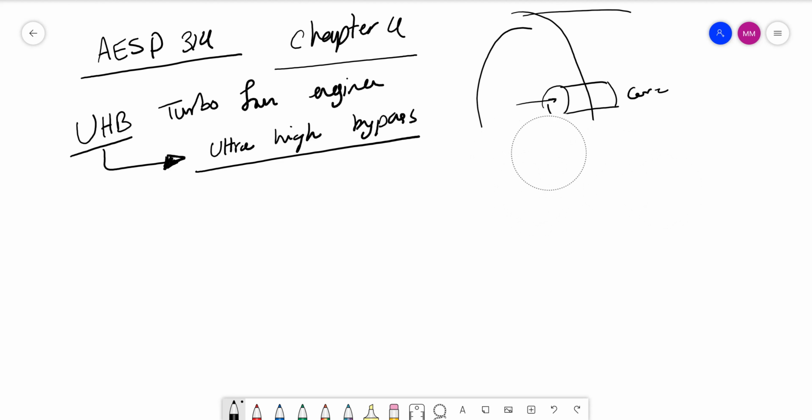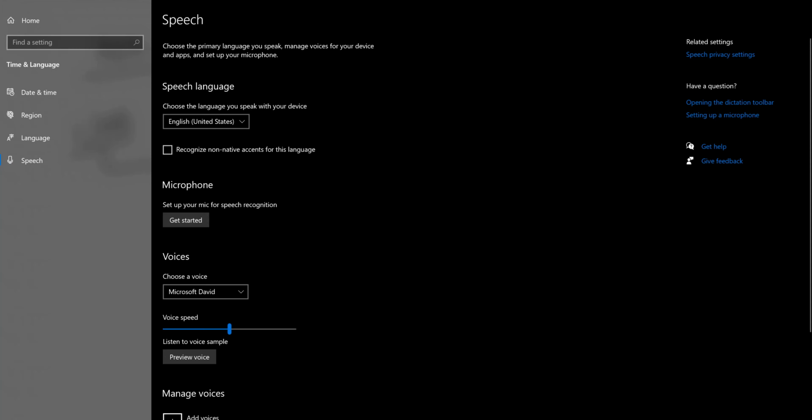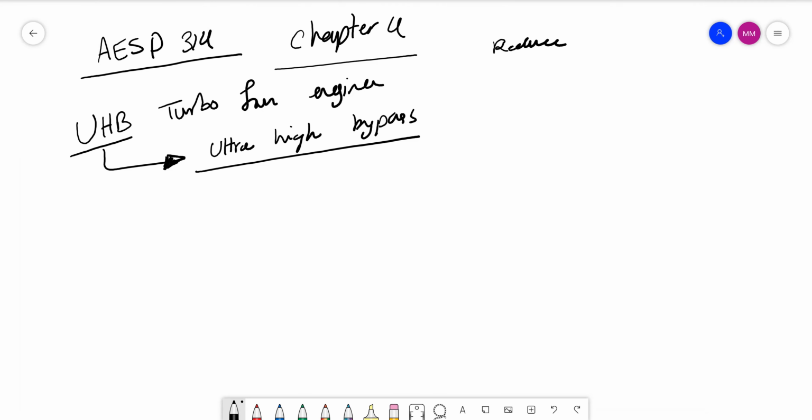Well, why do we want to have an ultra high bypass ratio? Mainly because it can reduce fuel consumption by 15%.